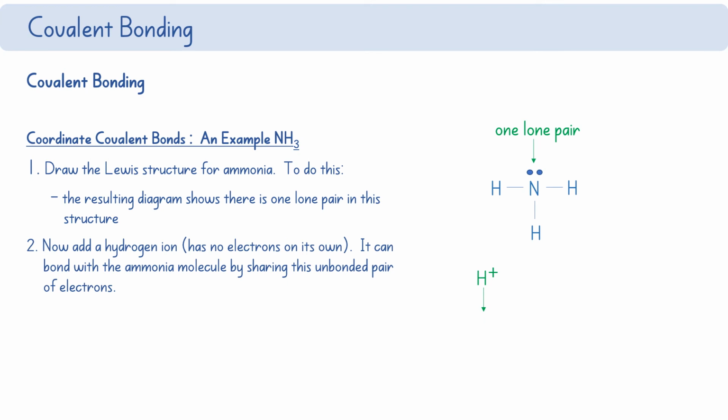Now, we're going to take a hydrogen ion that has no electron on its own, so it's showing now as an H+, and it's going to bond with the ammonia molecule by sharing this unbonded pair of electrons. So it's getting its electrons from the nitrogen.